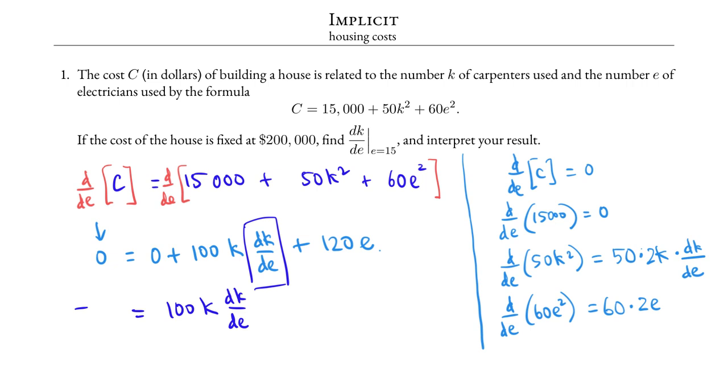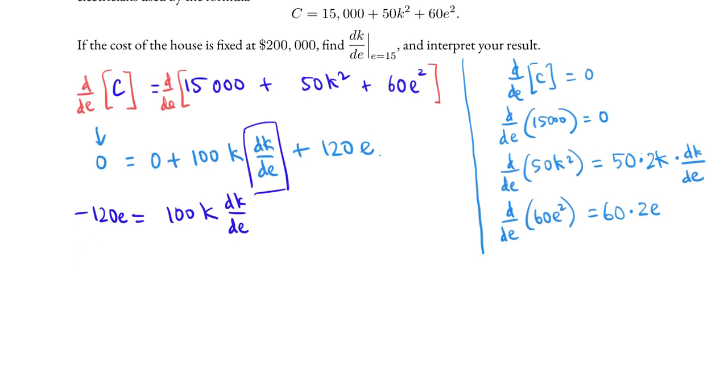The only term that we will need to move is 120E. We then isolate dK/dE. dK/dE is negative 120E over 100K. We're looking for dK/dE when E equals 15.